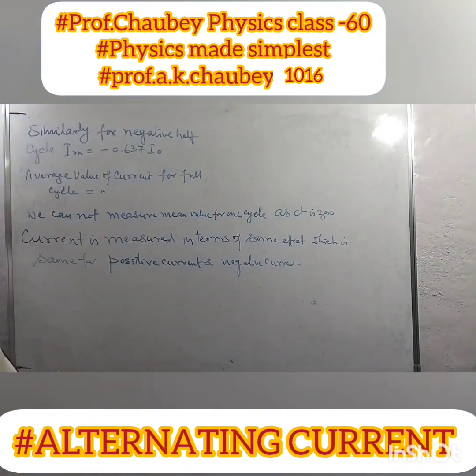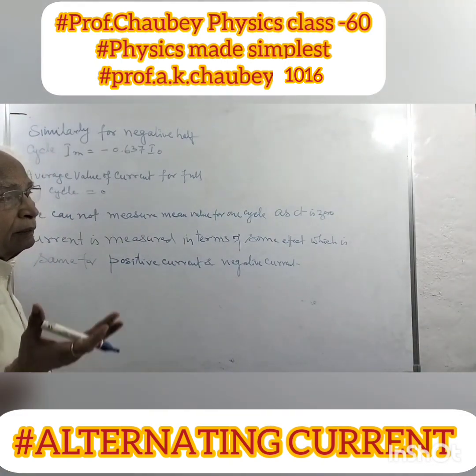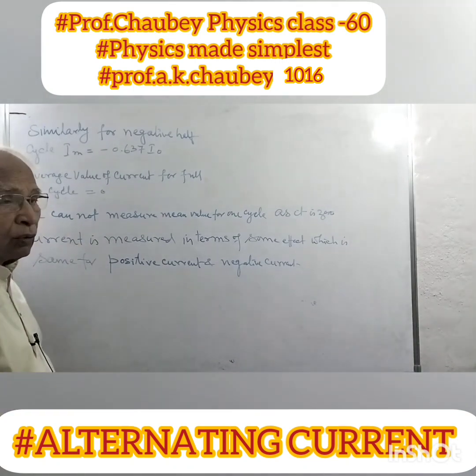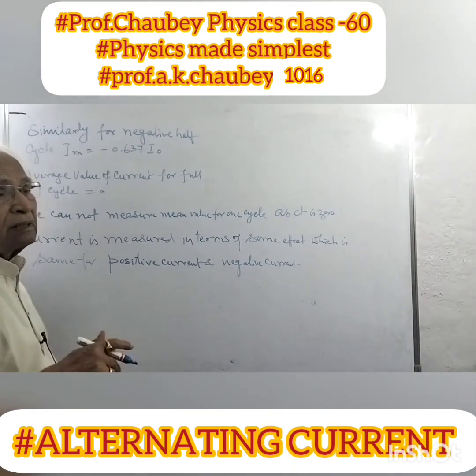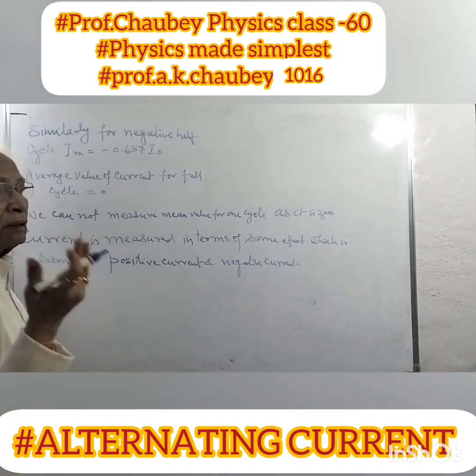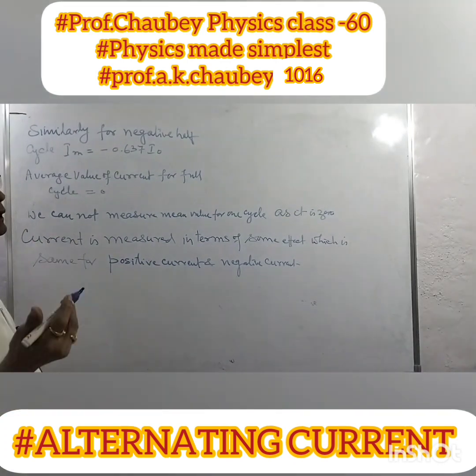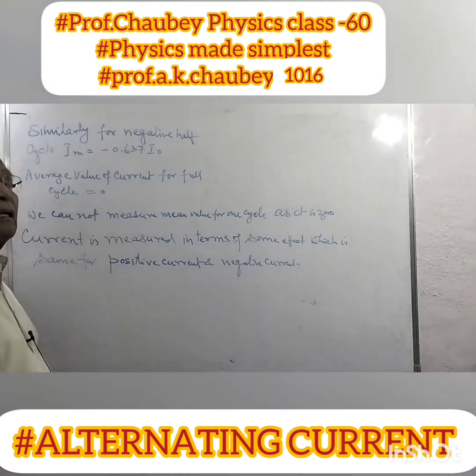That is the heating effect, because if you pass a current through a resistance wire or any wire which has some resistance, it will have a heating effect, meaning the temperature will increase. Whether current flows from A to B or from B to A, the heating effect is the same. Current flowing means work is being done, so there is power and heat energy generated. The temperature increase is the same whether the current is in the positive or negative direction.